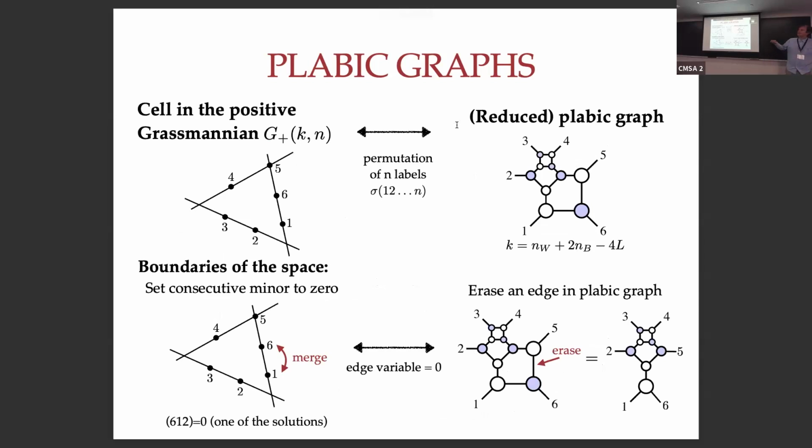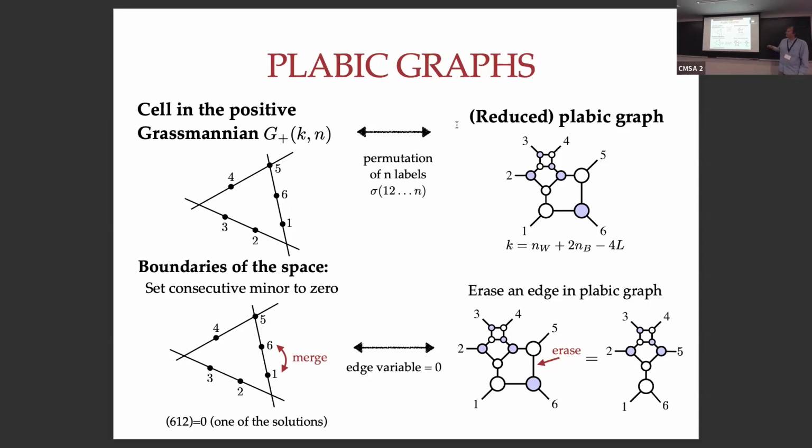Okay, so the cells in this positive Grassmannian correspond to these plabic graphs, and some special set of plabic graphs called reduced plabic graphs are only labeled by permutations of n labels. So this is what I said before, when we do these recursion relations, we can only basically specify certain permutations, and that gives us all information about the amplitude in the language of these plabic graphs, which happen to play a role in physics. These are the permutations which are associated with this special set of plabic graphs.